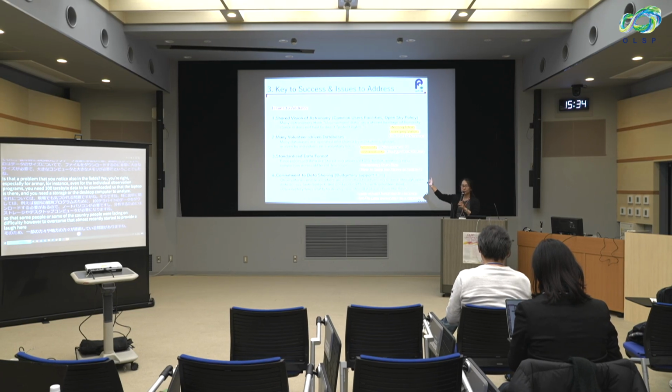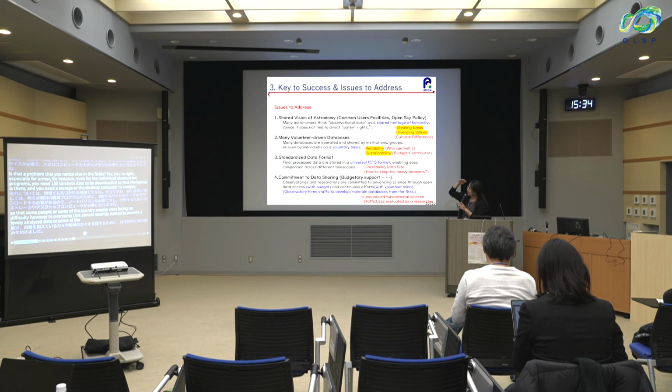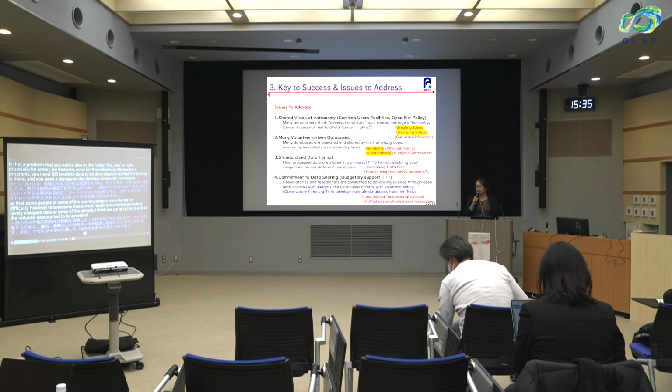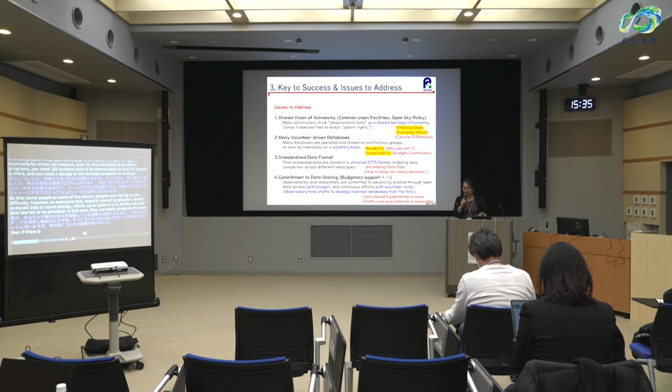However, to overcome that, ALMA recently started to provide roughly analyzed data; up to cycles 5 or 6, all the reduced data started to be provided. In that case, they can easily access the data. And if there is more analysis they need, they can send a help desk ticket to ALMA.